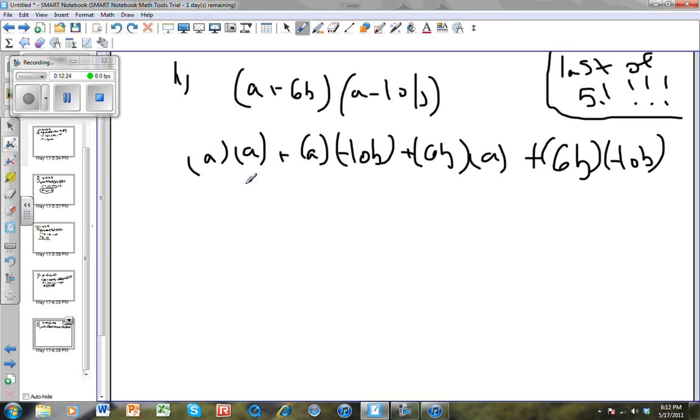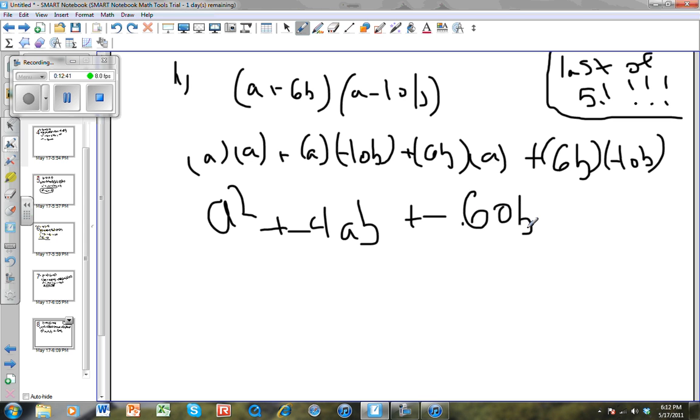Oh god, my pen has finally died. Oh no. A squared plus negative 4ab plus negative 60 b squared. Done.